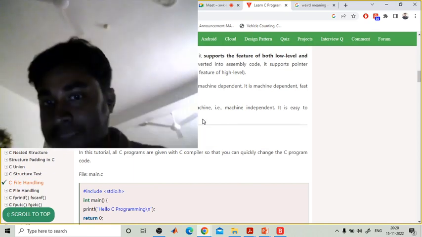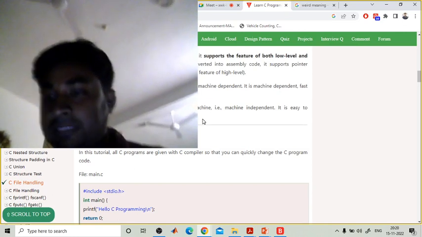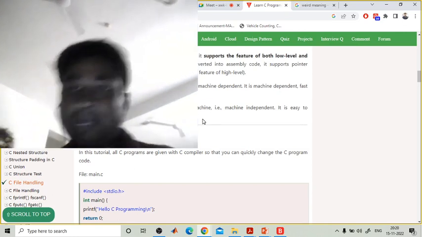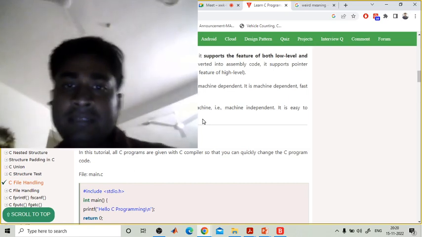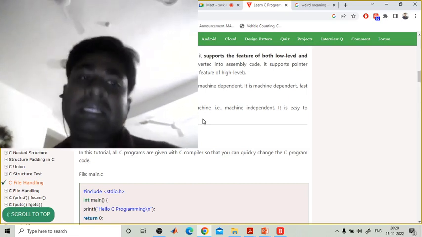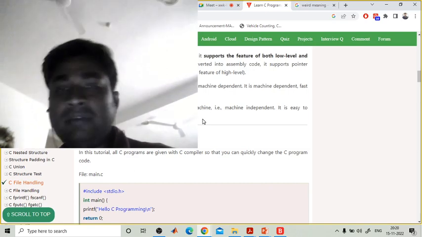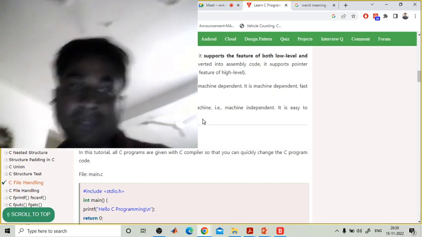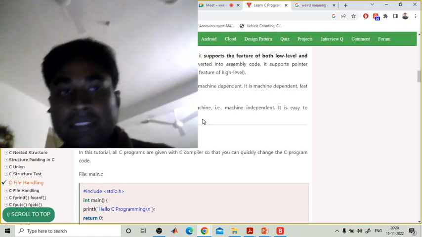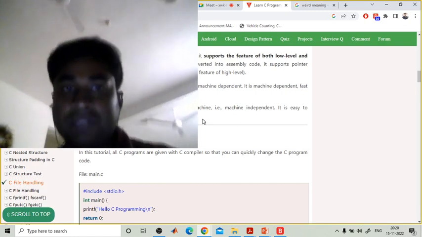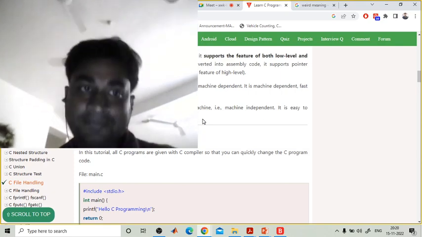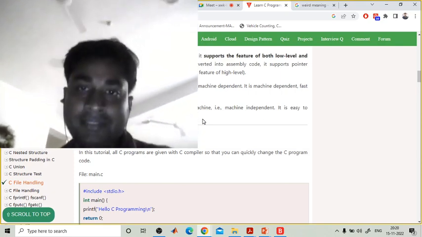If you can give the input in that form, 1 and 0, that is the low level language. And if you write printf or something else in English language, that is the high level language. The high level language is easy for us but tough for the machine. Again, low level language is machine language, which is easy for the machine but tough for us. This is the difference actually.